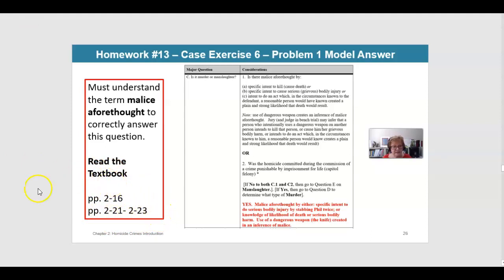It bears repeating, you cannot do a good job by guessing. You have to read the textbook and think about it.